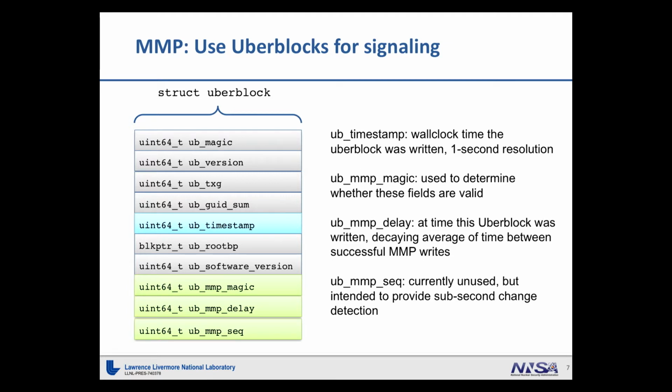One is that then we could add MMP information to all of the Uber blocks that are written. And so when the import occurs and the portion of the import fetches the newest or best Uber block, it'll have useful MMP information for us. So we get some information without having to go look some special place for it.